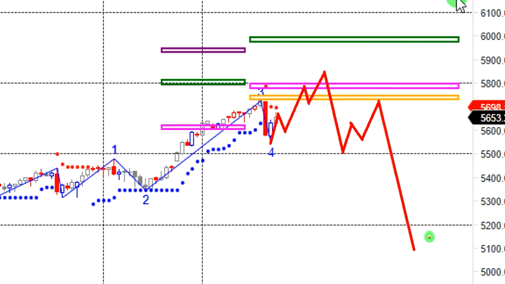So, by July or August, the NASDAQ could be pretty close to 5,000. We could have lost 600-700 points on the NASDAQ. So, again, this can all happen very quickly.